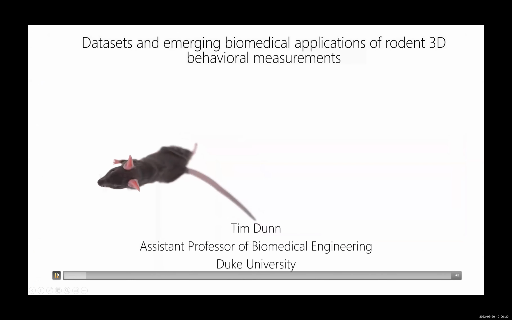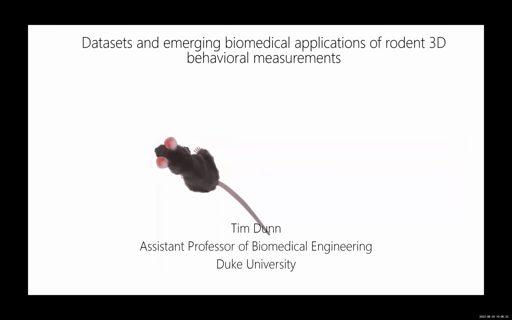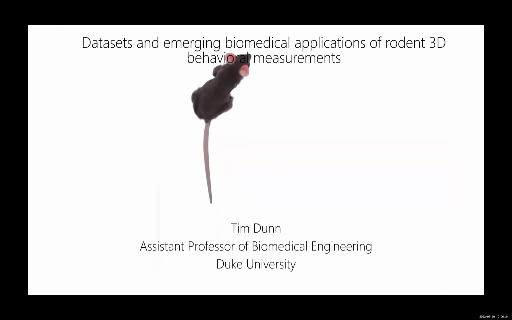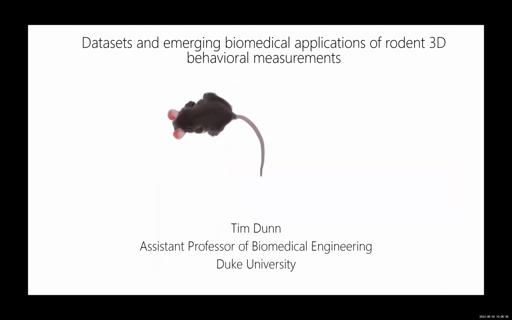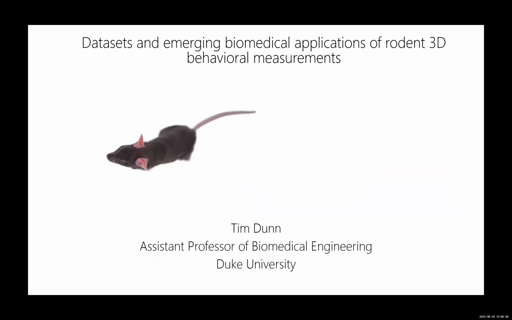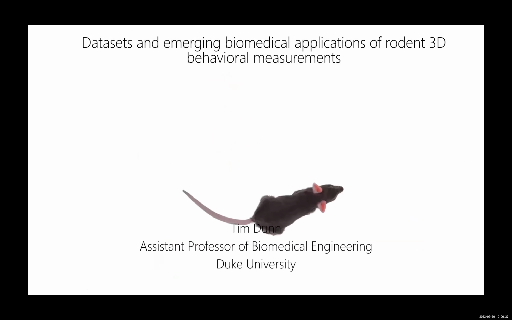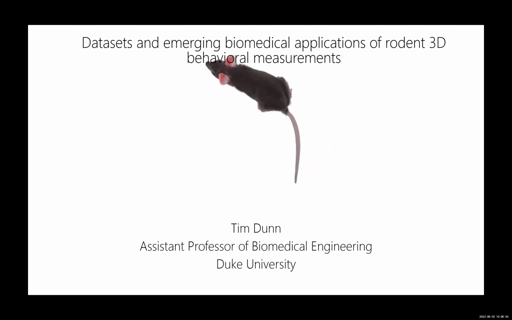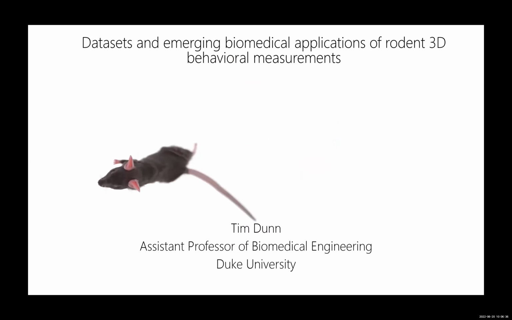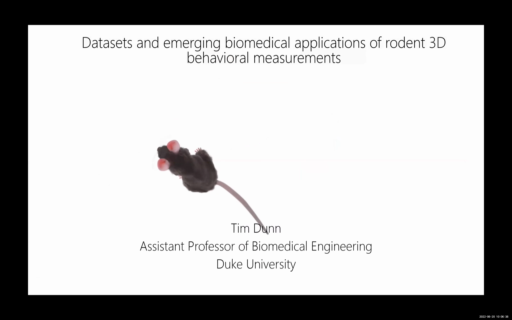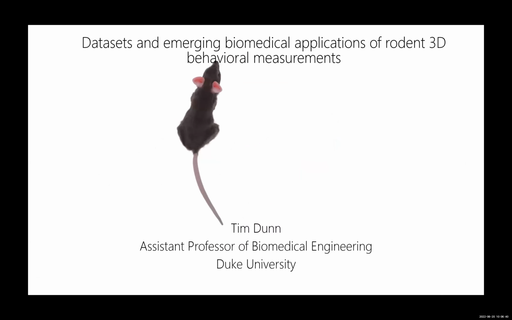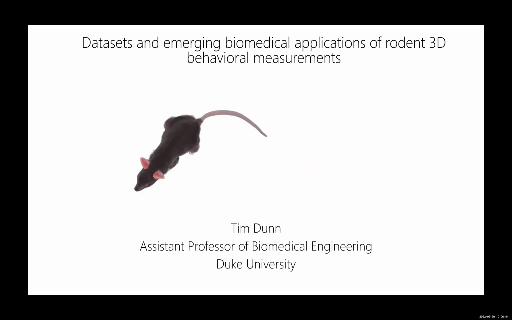All right. So let me introduce Tim Dunn. Tim is assistant professor at the Department of Biomedical Engineering at Duke. He received his bachelor's degree from Berkeley and PhD in neurobiology from Harvard. His work spans functional brain imaging, understanding behaviors of fish and mouse, and developing tools for neuroscience.